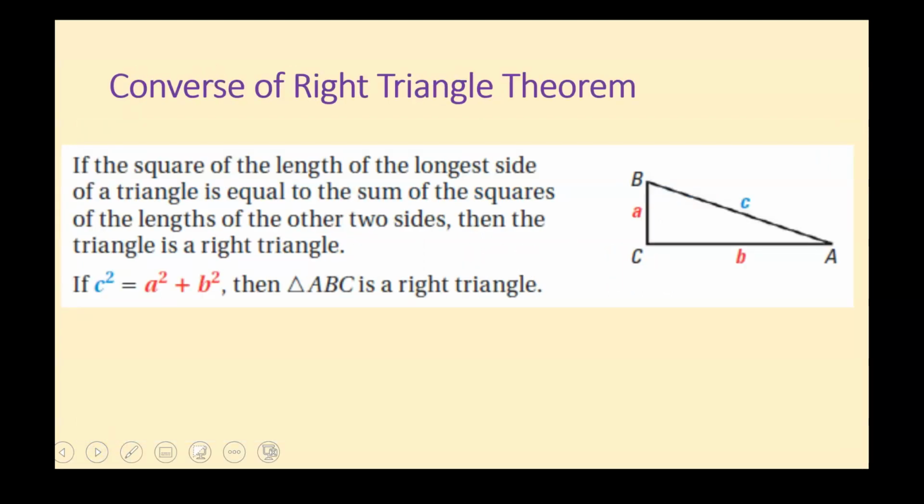So if we can work forwards, ladies and gentlemen, we can always work backwards. Exactly. So if the square of the length of the longest side of a triangle, which is the C, the hypotenuse, is equal to the sum of the squares of the length of the other two sides, then the triangle is a right triangle. Okay, so all that means is we're working backwards.